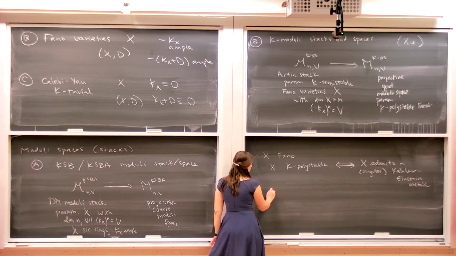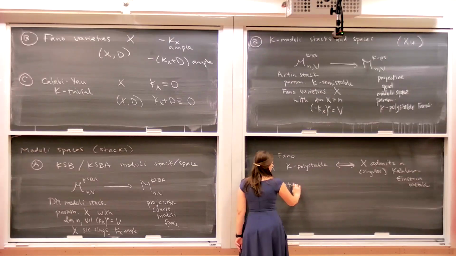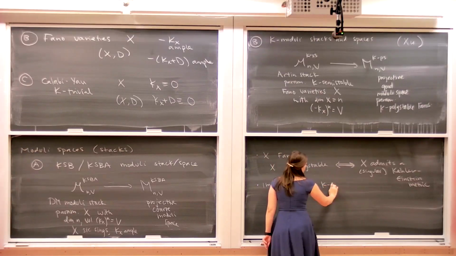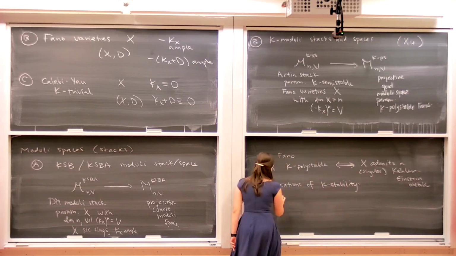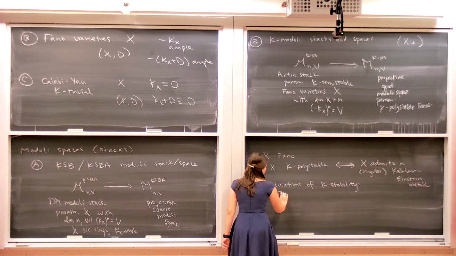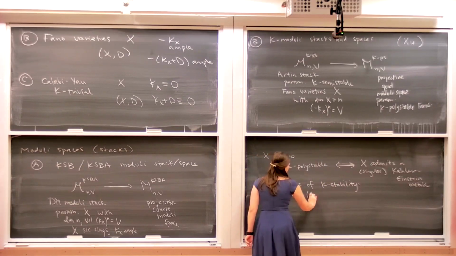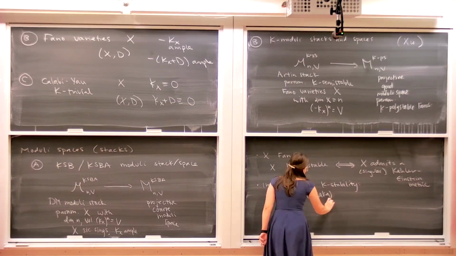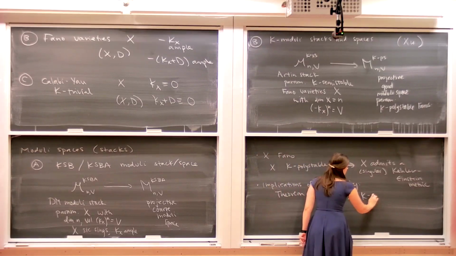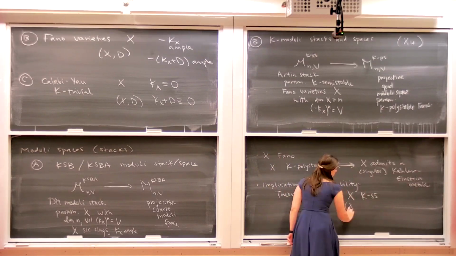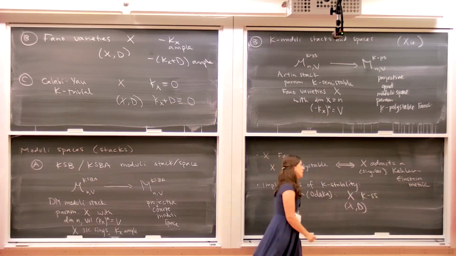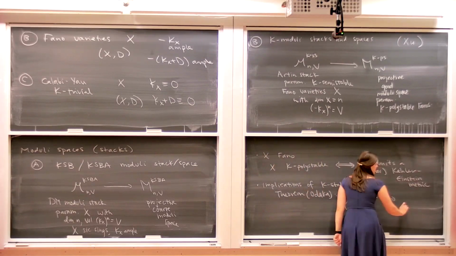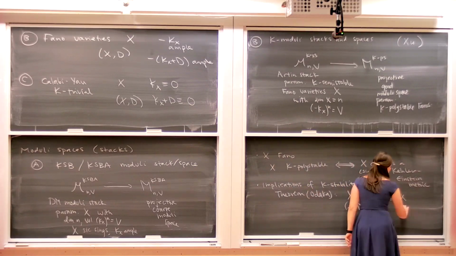So, for example, it's a theorem of Odaka that if X is K-semistable, or there's a notion of all of this for pairs, and the K-moduli theorem also works in the case of pairs, then X has klt singularities.